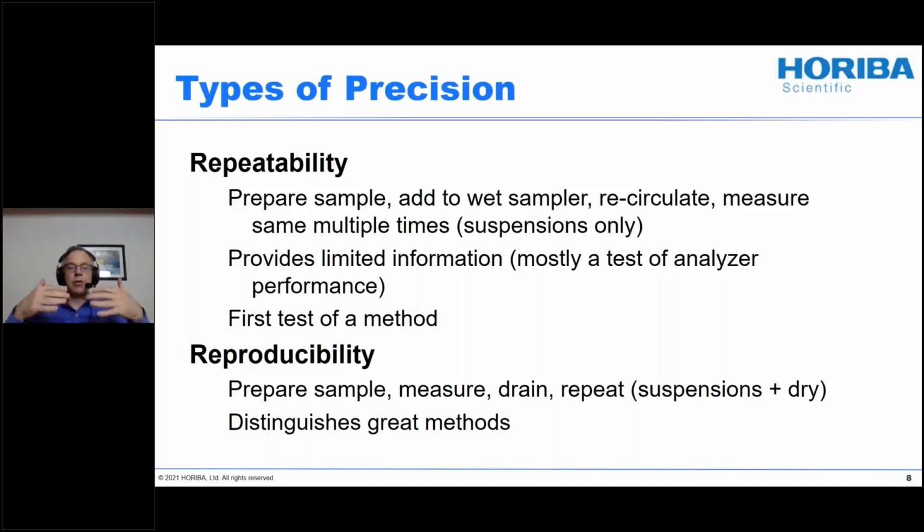And so this is really what you want to get to as you move into things like QC work, because it's really going to tell you which lots are similar versus different. Having repeatability data in advance, or having tight repeatability, is a prerequisite to reproducibility. And so I recommend you start there.